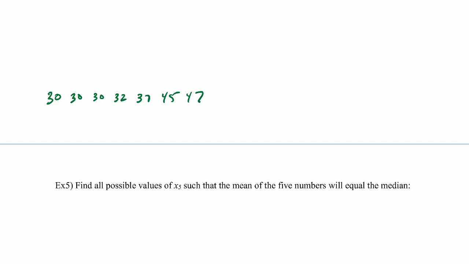And then there's that CEO who's making millions of dollars a year. These are in thousands, so somebody making $1 million is 1,000. Now here I have a set of 1, 2, 3, 4, 5, 6, 7, 8, 9 data values.